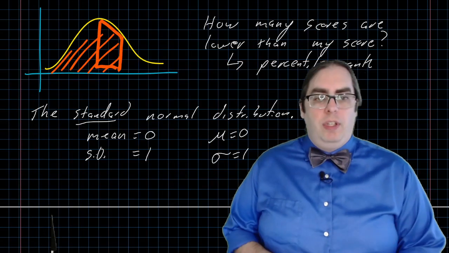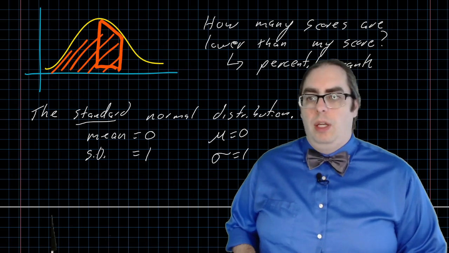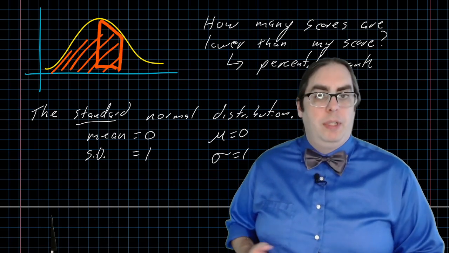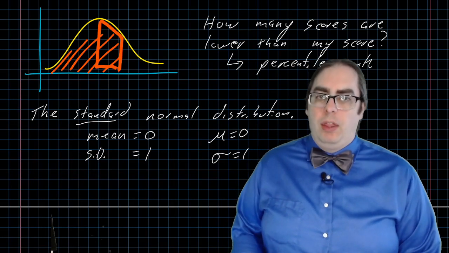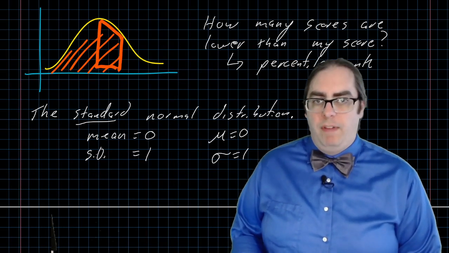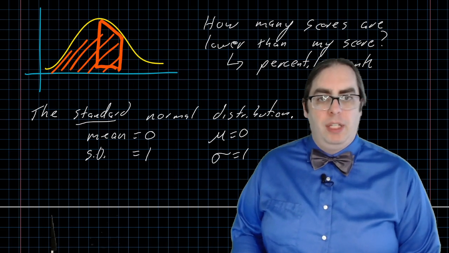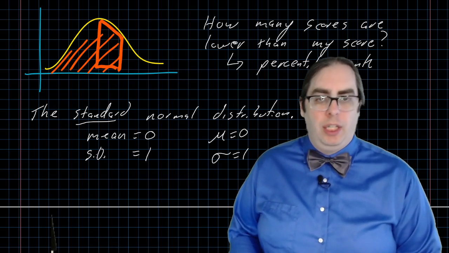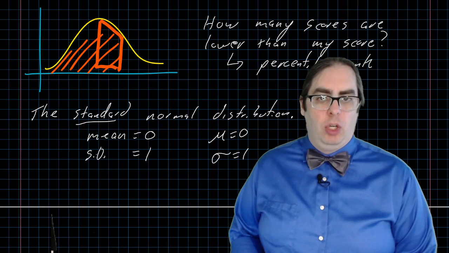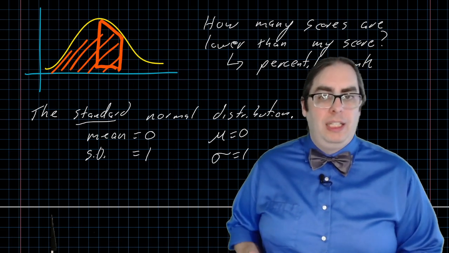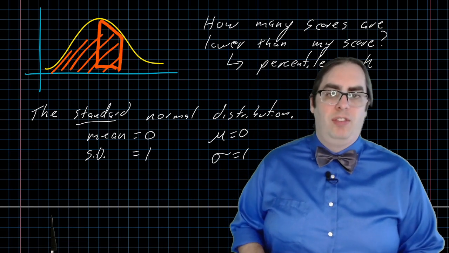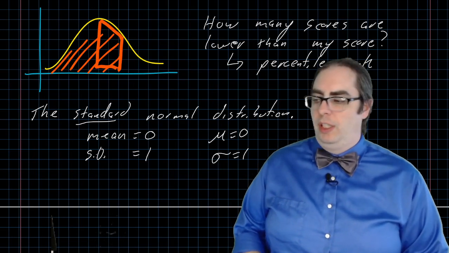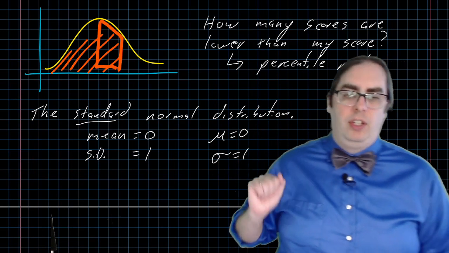The standard normal distribution is very convenient because mathematicians have studied it extensively. And there are tables of data available where other mathematicians have calculated all of the values that go into it. So you don't need calculus. You can look it up in a table if your data is in the standard normal distribution. It has a mean of 0 and a standard deviation of 1.